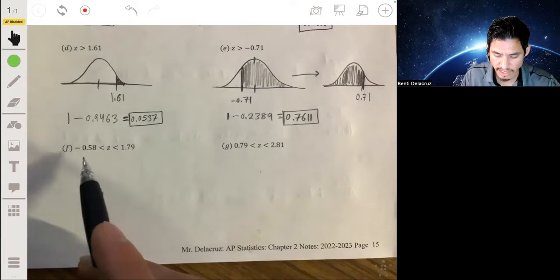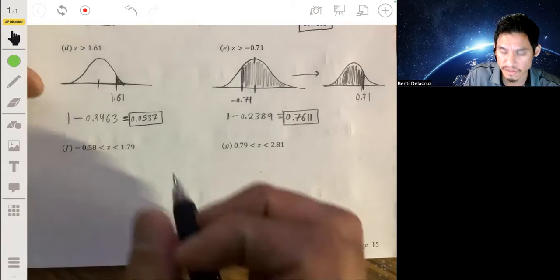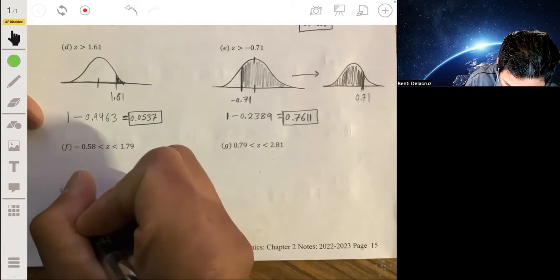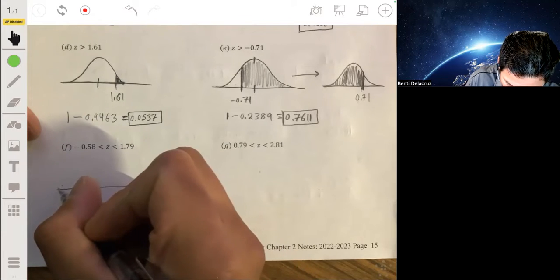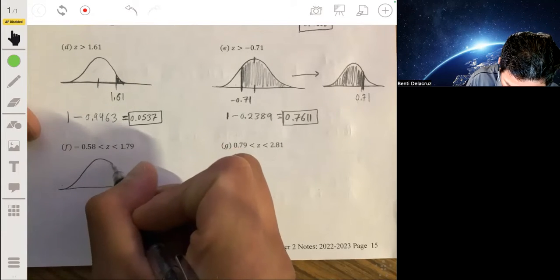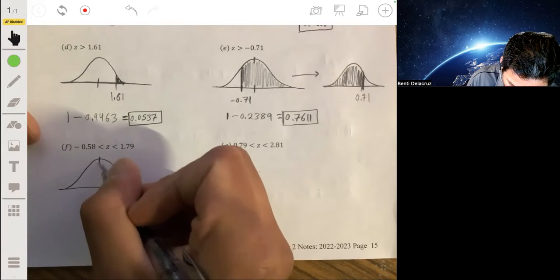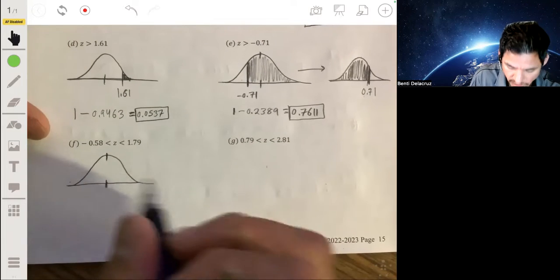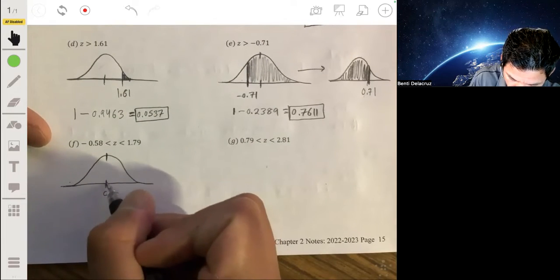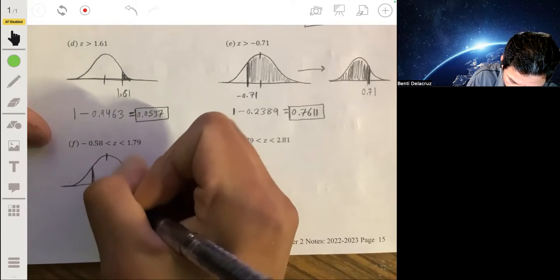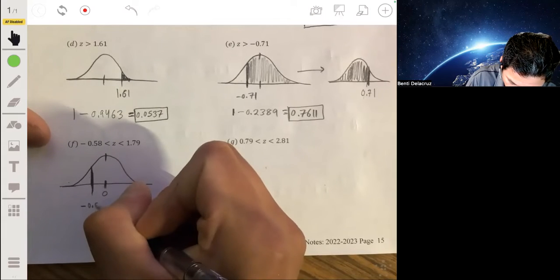All right, now let's look at cases where you have to find it between two z values. So we want to find the area between negative 0.58 and 1.79. So not my best one, but let's say this is the center 0. So negative 0.58, let's just say it's something over here.